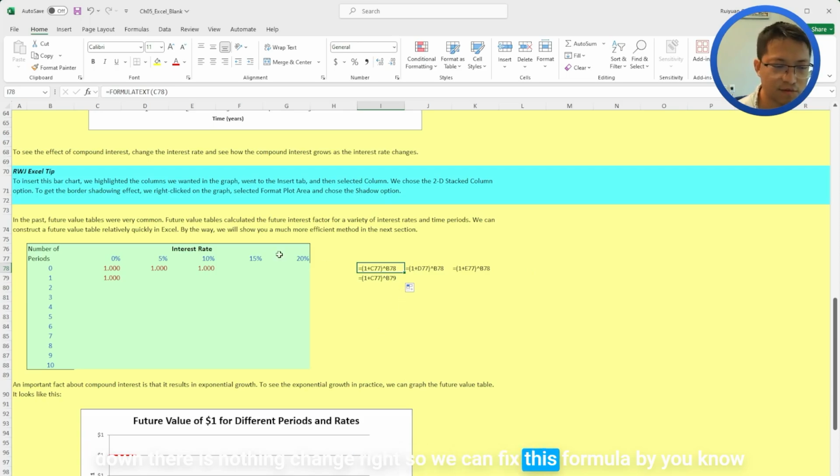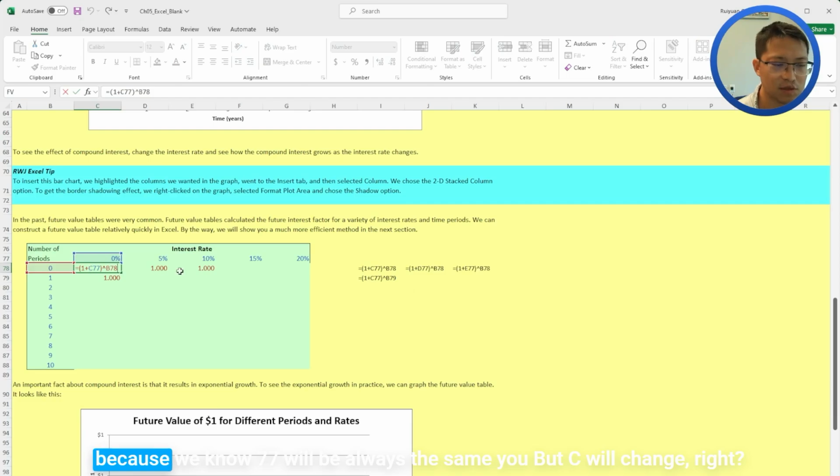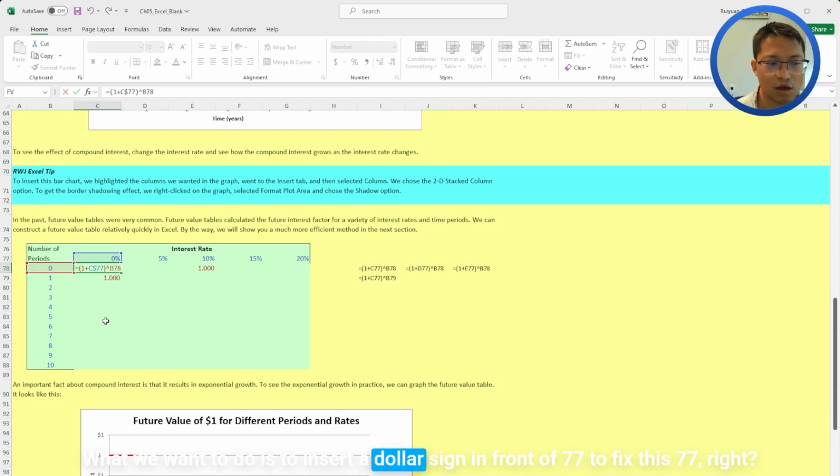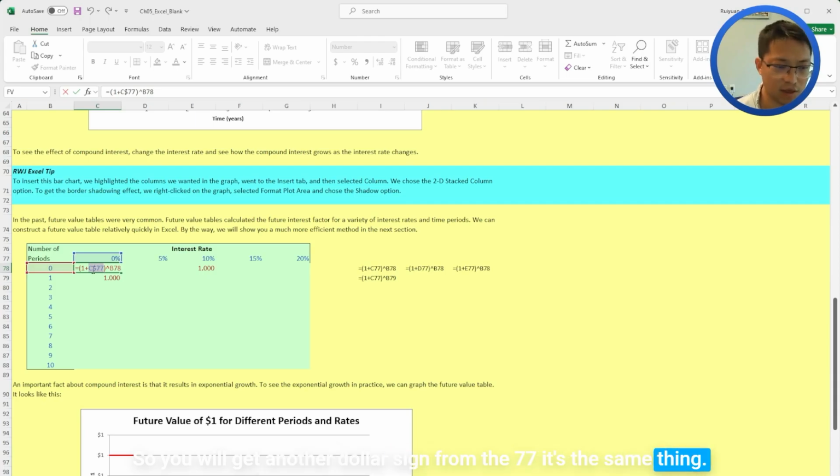So we can fix this formula, because we know 77 will always be the same, but C will change. What we want to do is insert a dollar sign in front of 77 to fix this 77, right? So we always stay with this row. Another way to do that is simply pressing F4 once, twice, so you get another dollar sign in front of 77. It's the same thing, okay?